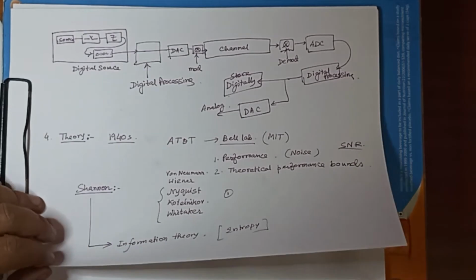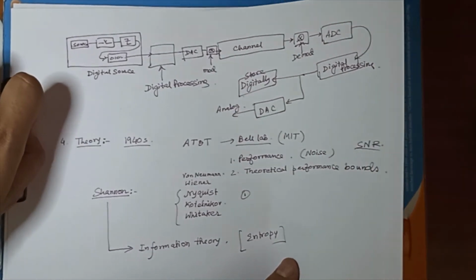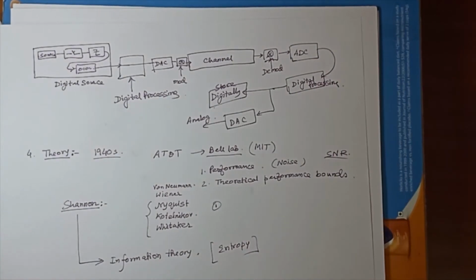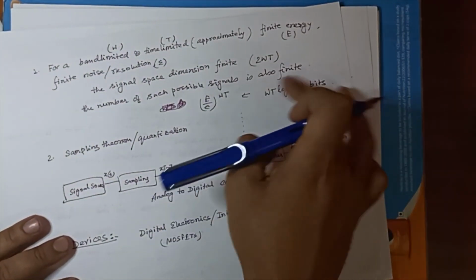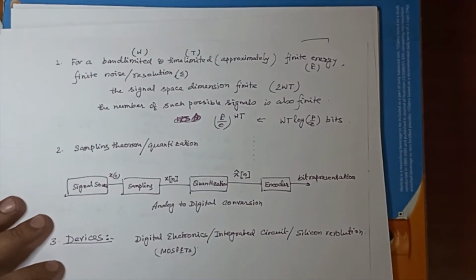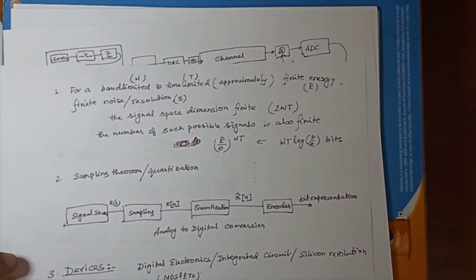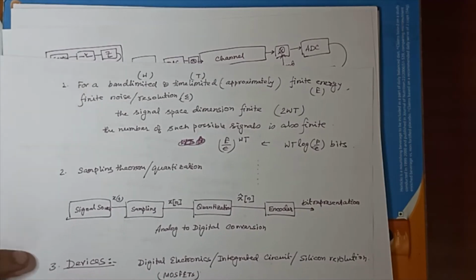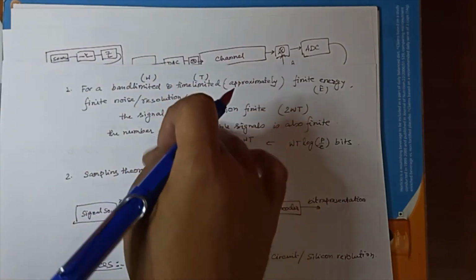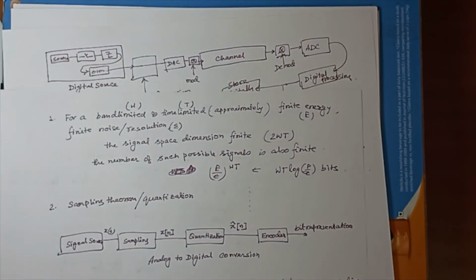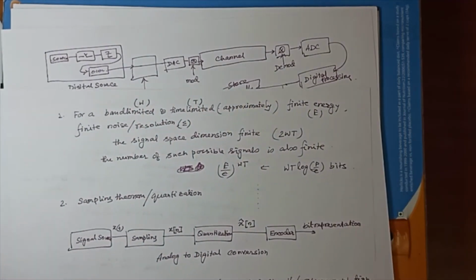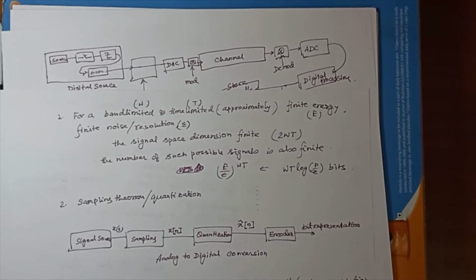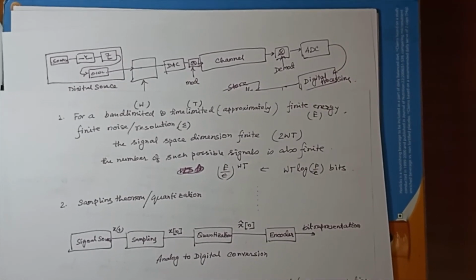So we will talk about information theory, and this information theory says what we have developed as the finite number of signals which is possible. Information theory says how many bits are actually required to represent any signal having this kind of behavior, and if these signals are fundamentally probabilistic in nature, random in nature, then what will happen?